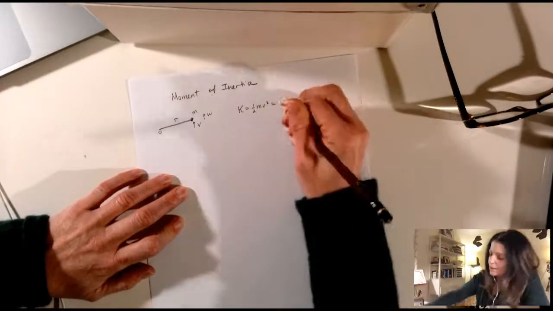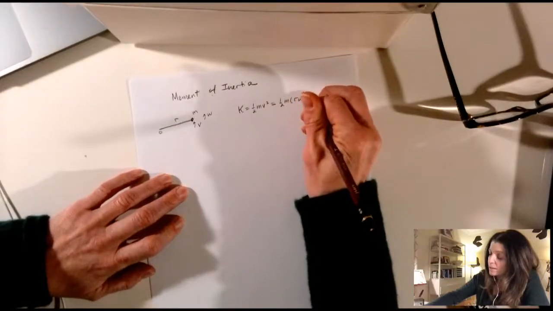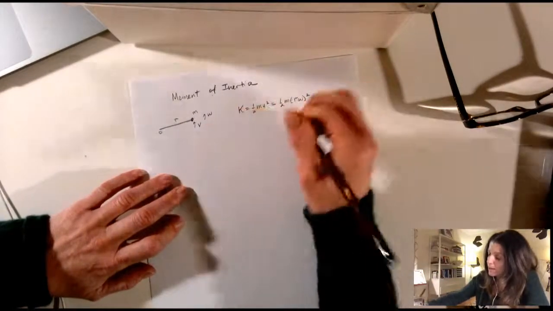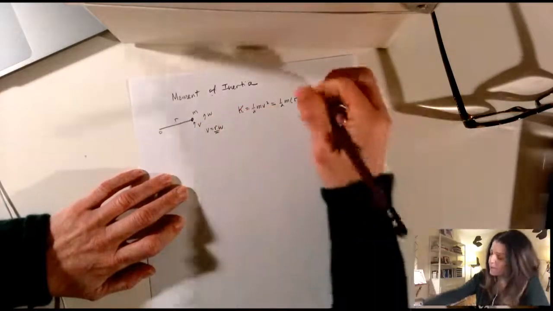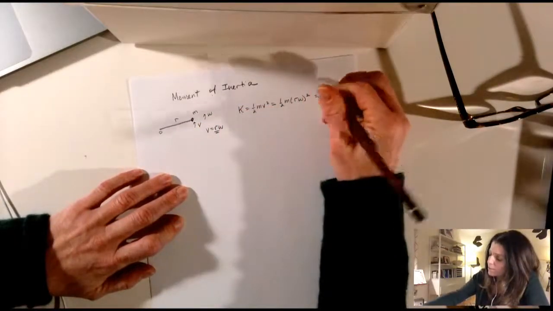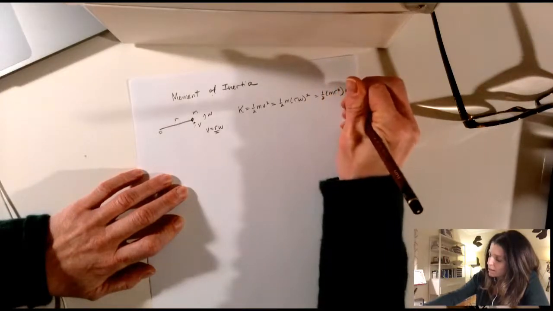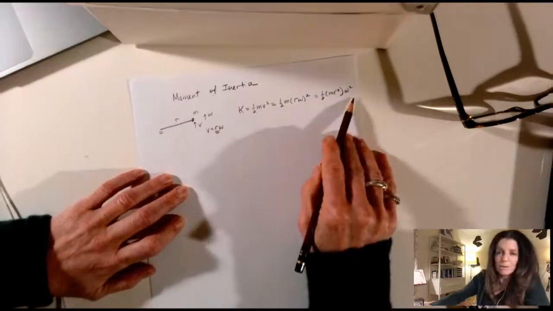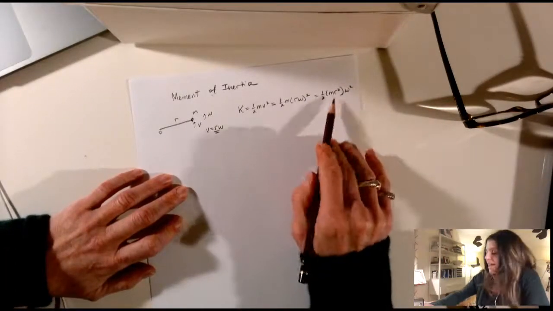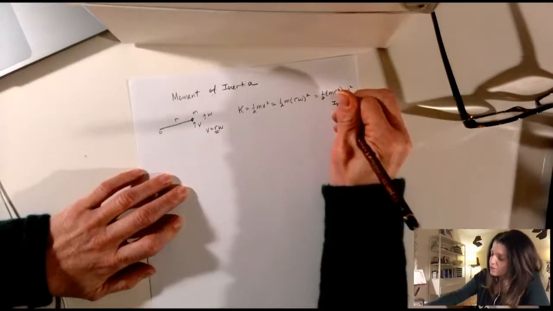And I can also write that as 1/2 m times (r omega) squared instead of v squared, because v equals r omega, we know. And then what I'm going to do for no reason at all is separate it into 1/2 (mr squared) omega squared. It's the part that's spatially dependent and the part that's not spatially dependent. And this mr squared business is what we call the moment of inertia.